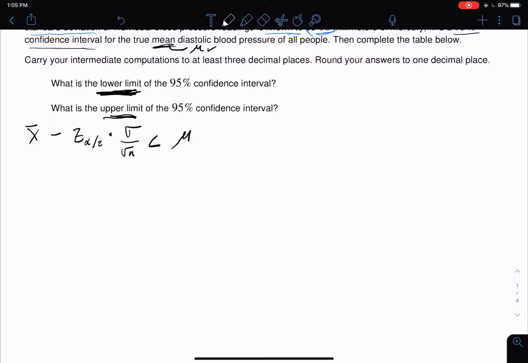So my mu, the population mean, is bigger than that, and my mu is less than this, which is the sample mean plus my margin of error.